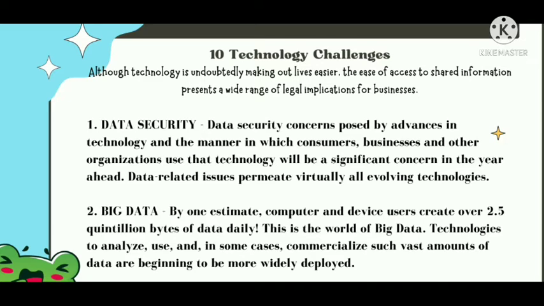Next, we have big data. By one estimate, computer and device users create over 2.5 quintillion bytes of data daily. This is the world of big data. Technologies to analyze, use, and in some cases commercialize such vast amounts of data are beginning to be more widely developed.